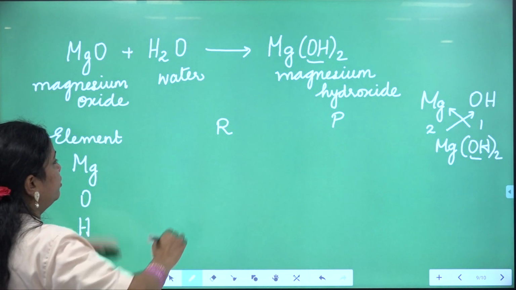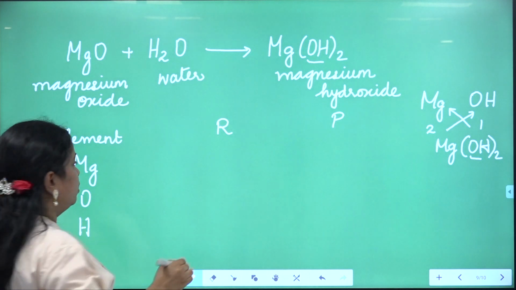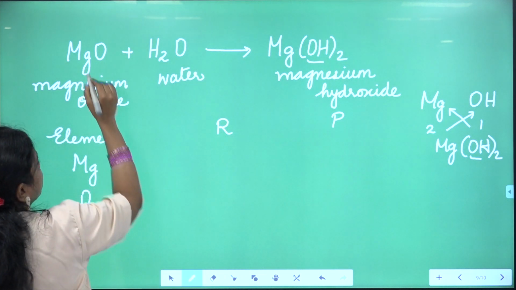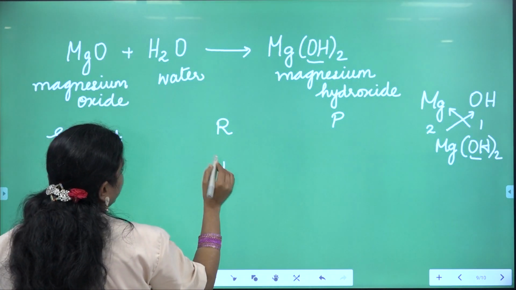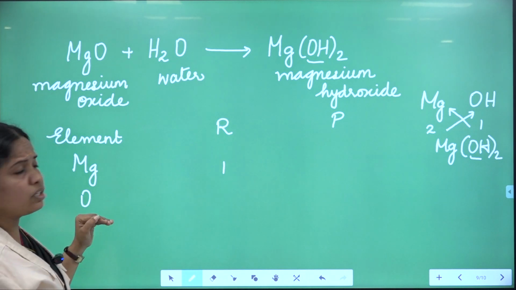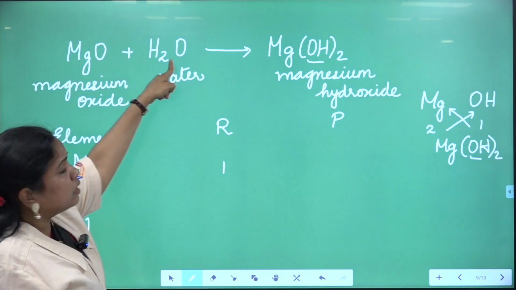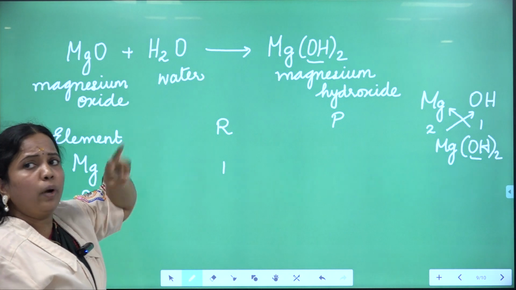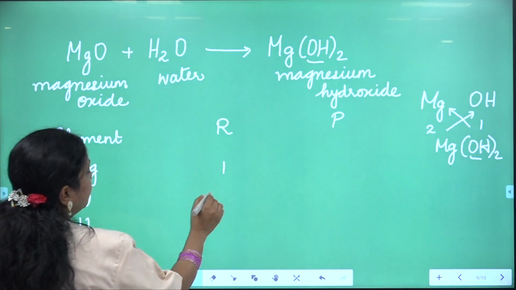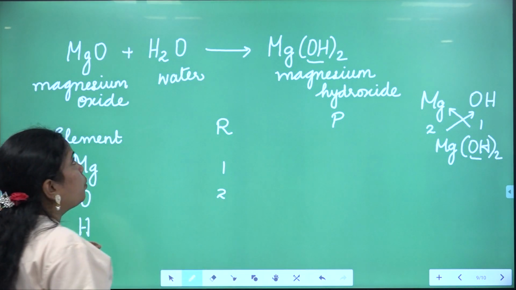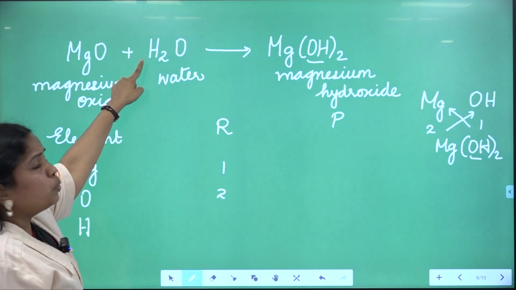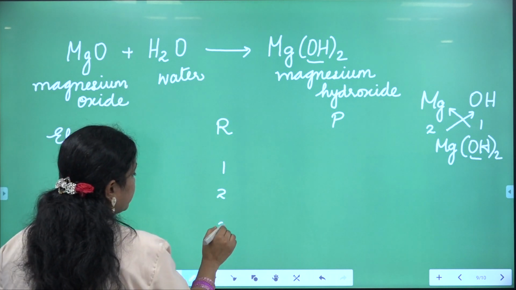In the reactant side, we have only 1 magnesium. What about oxygen? Here 1 oxygen and another oxygen in water, so 1 plus 1 is 2 oxygen in the reactant side. And what about hydrogen? 2 hydrogen in the reactant side.